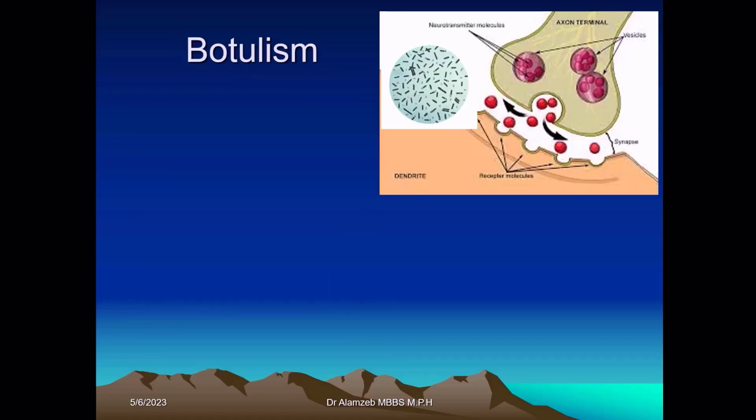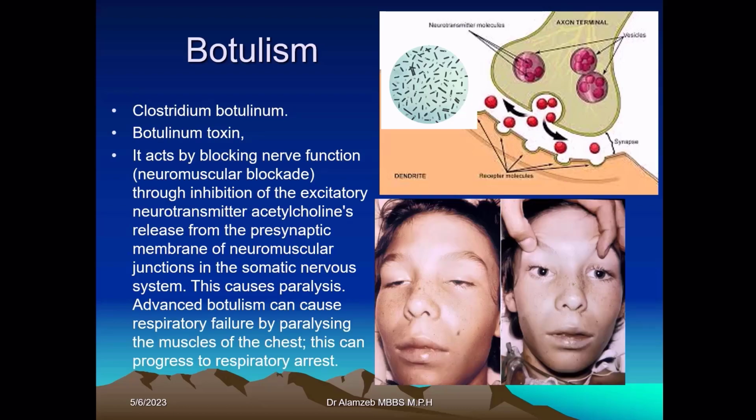Botulism is a poison produced by the bacterium called Clostridium botulinum. You can see here also the facial muscles and the eyelids are drooping due to the weakness.